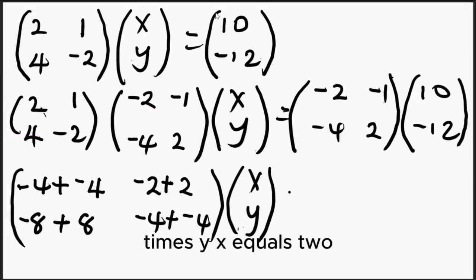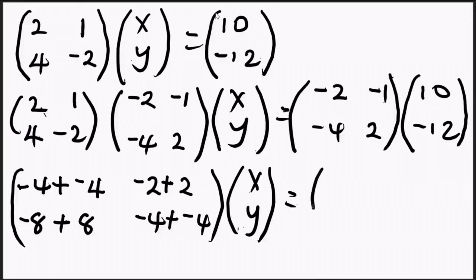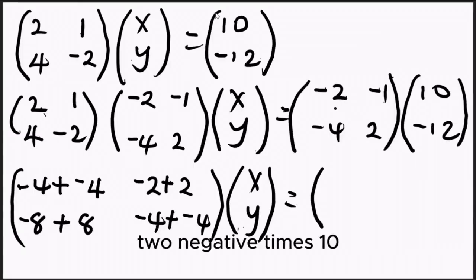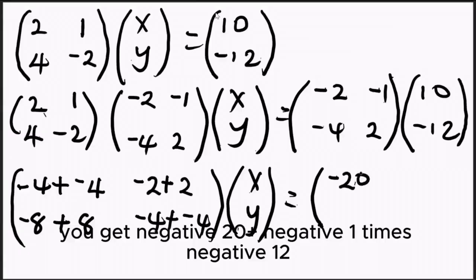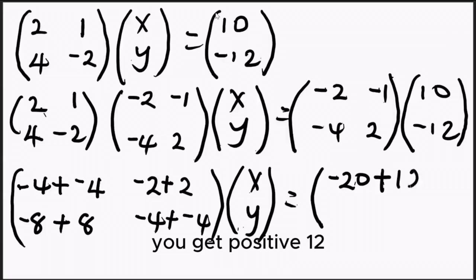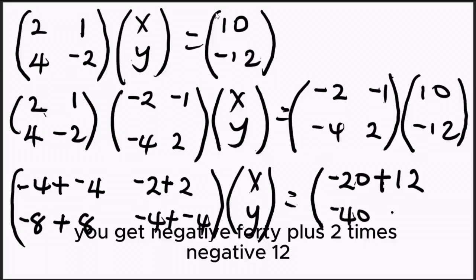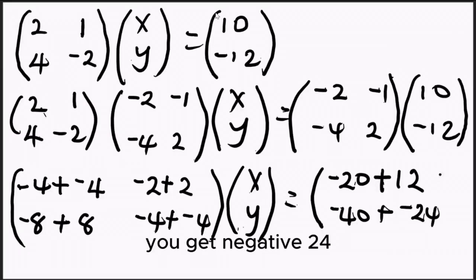Times x and y equals to, 2 negative times 10, you get negative 20, plus negative 1 times negative 12, you get positive 12. Negative 4 times 10, you get negative 40, plus 2 times negative 12, you get negative 24.